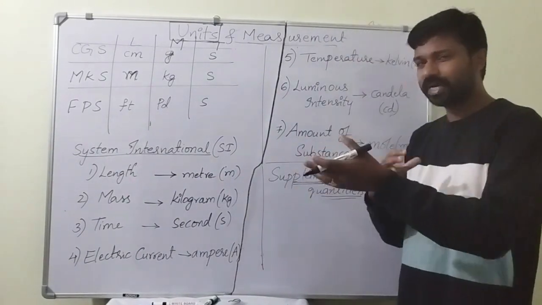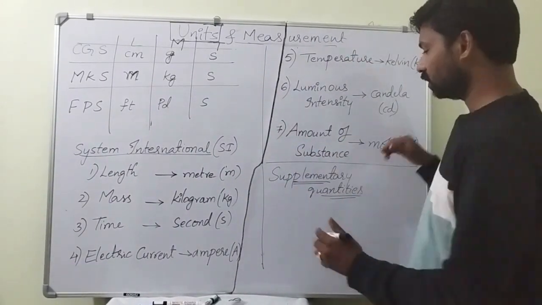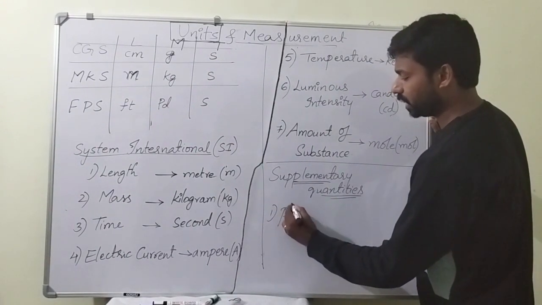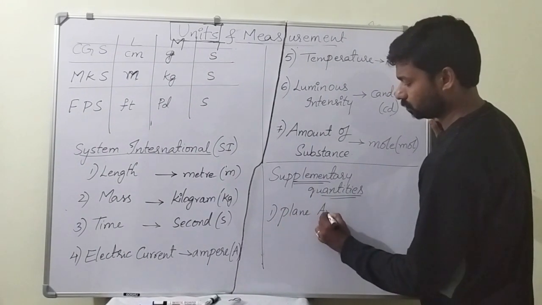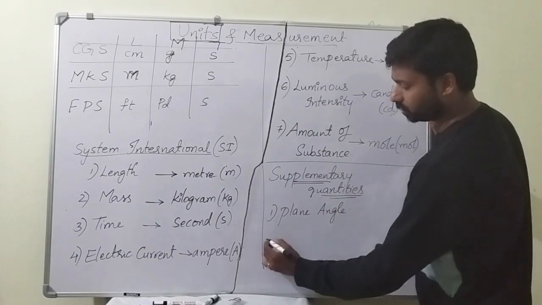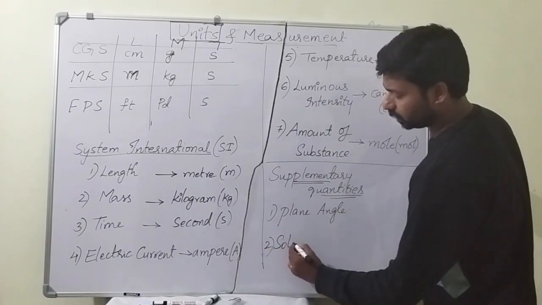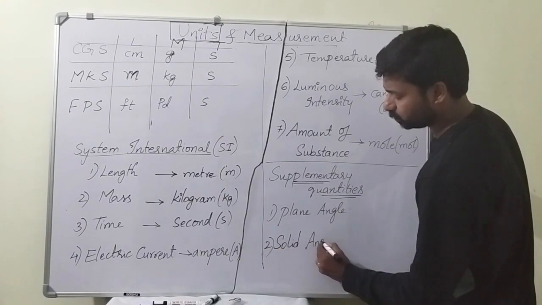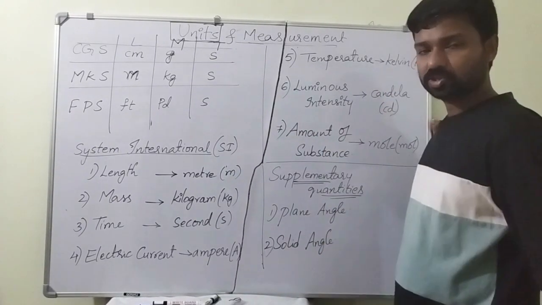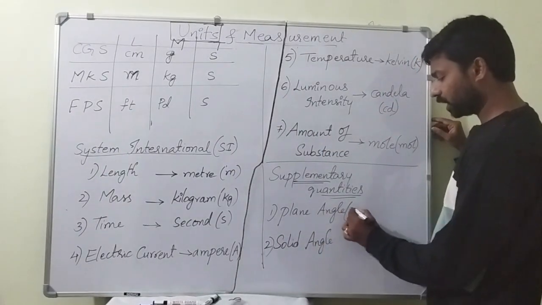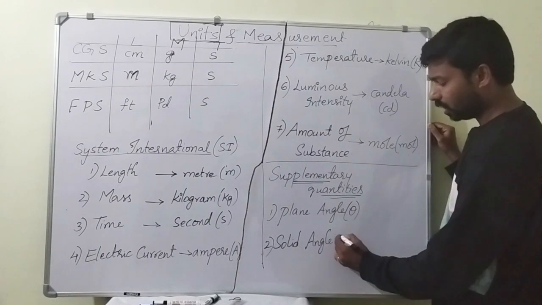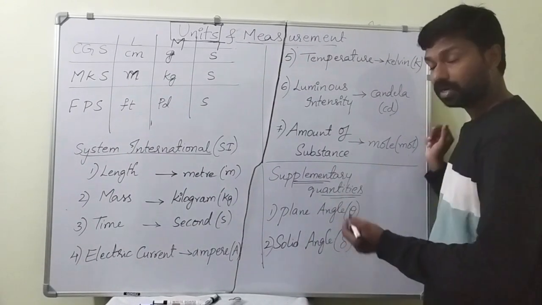They are unique quantities. The first one is plane angle, and the second one is solid angle. We have to discuss some points about plane angle as well as solid angle. Basically, plane angle is represented by the symbol theta and solid angle is represented by the symbol delta.